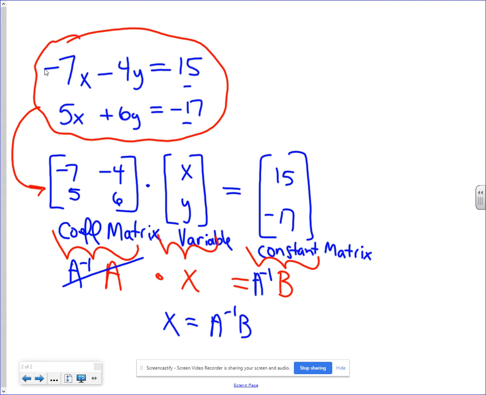So what we got to do is find the inverse of my coefficient matrix. Okay? So I'm just going to write down my coefficient matrix one more time so I remember it.